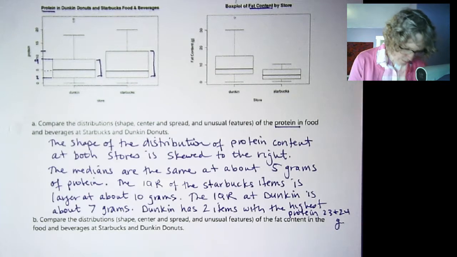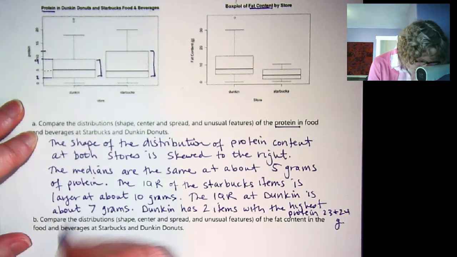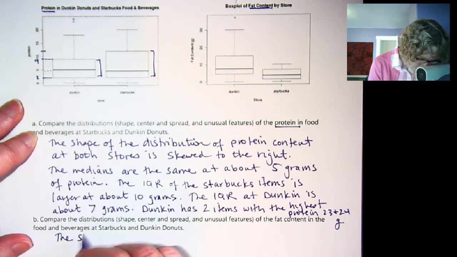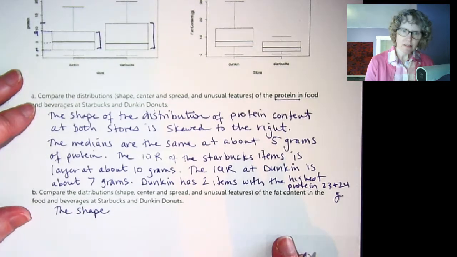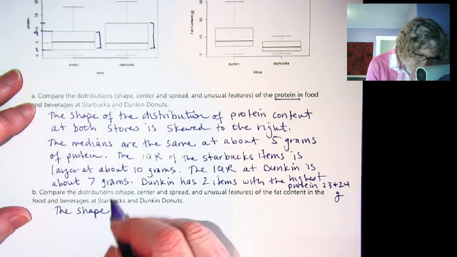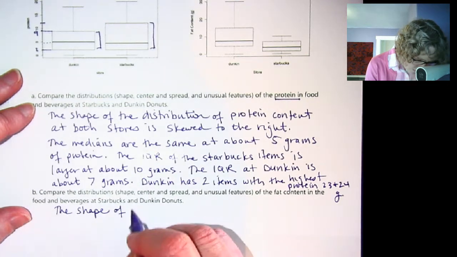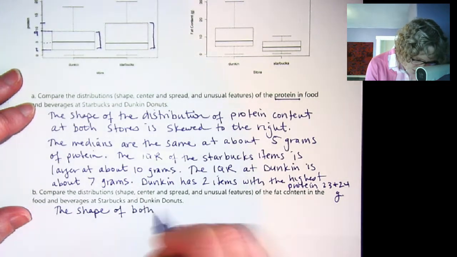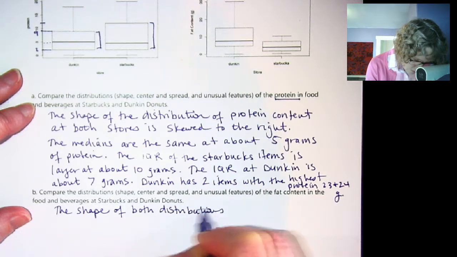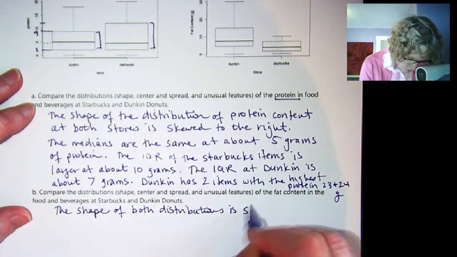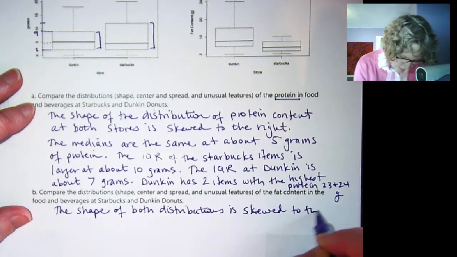So now we're talking about the fat content. Okay, so the shape, I'm going to have to move this up. The shape of both distributions is skewed to the right.